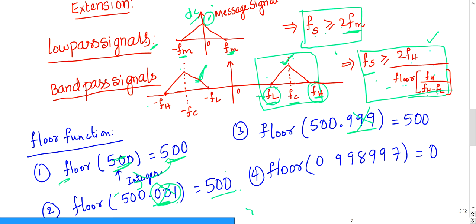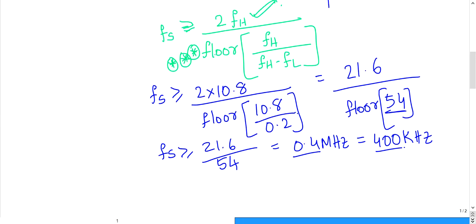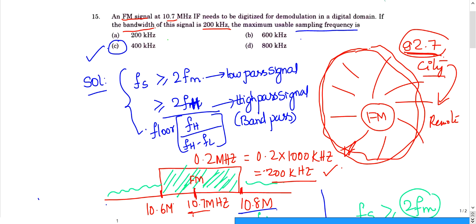Try to discard the values after the decimal and write only the integral part. So first calculate the inner brackets, FH divided by FH minus FL, get its value, then apply the floor function. In this way you will calculate sampling frequency for band pass signals. This is quite simple and asked in GATE and many other PSUs. Thank you.